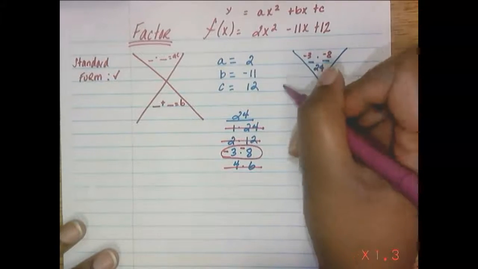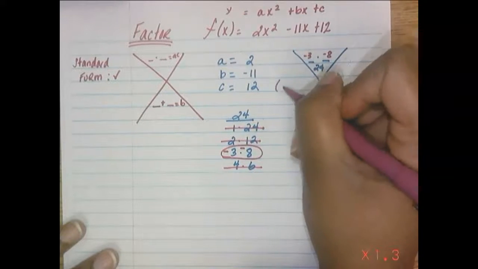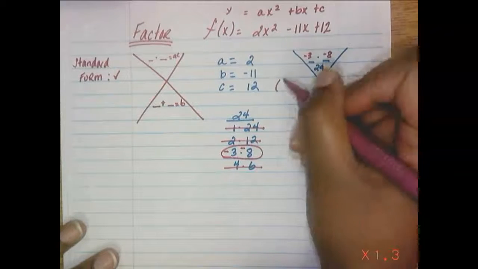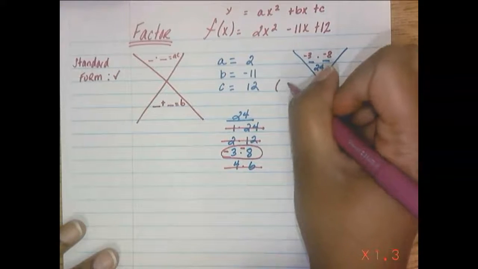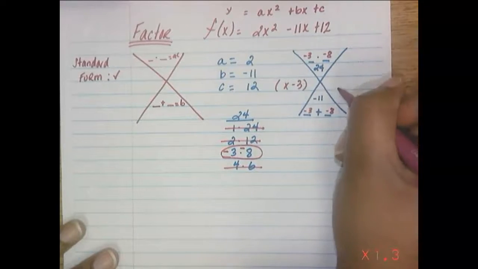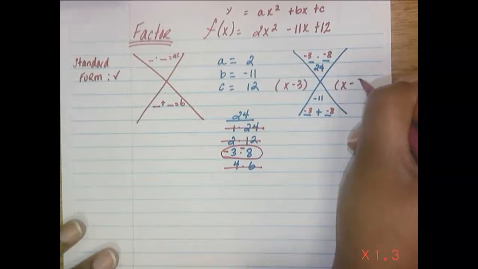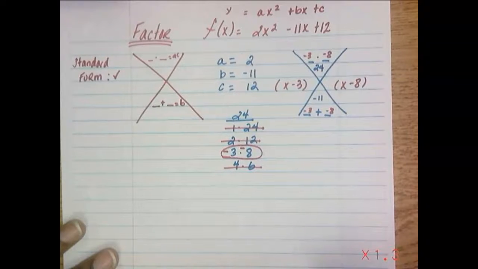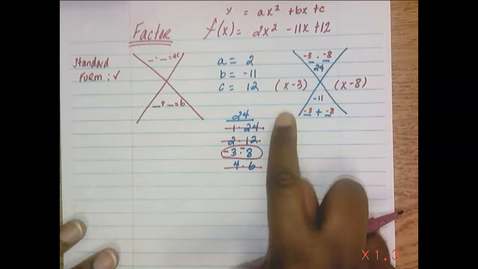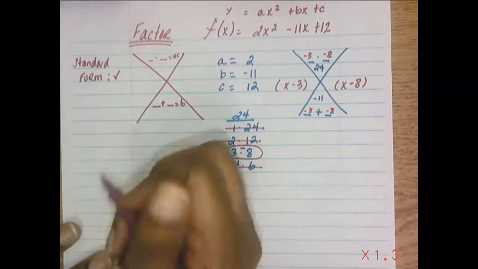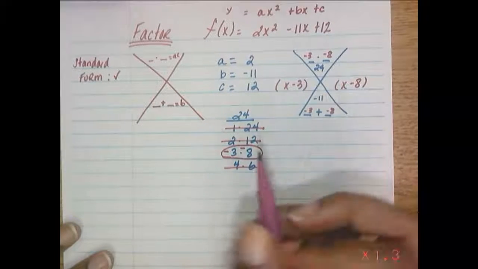So if we do what we've done previously when a was equal to 1, we would set this up as x minus 3 times x minus 8. Now here's the thing. Every single time I would ask that you check your work.